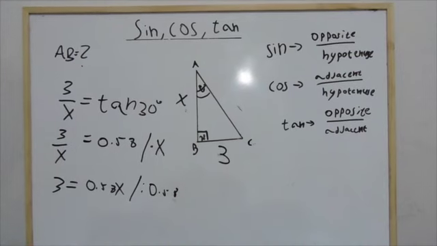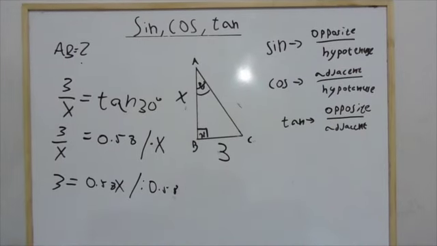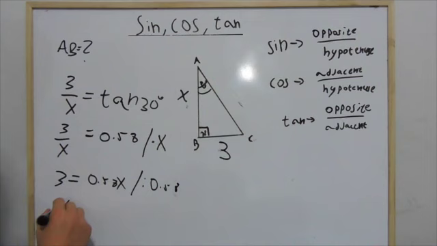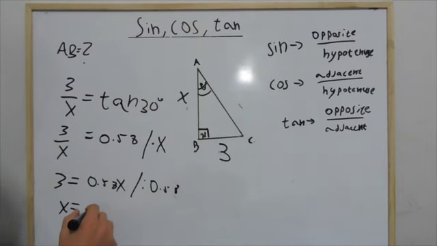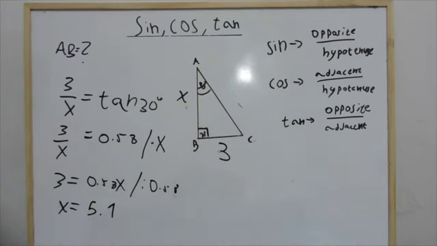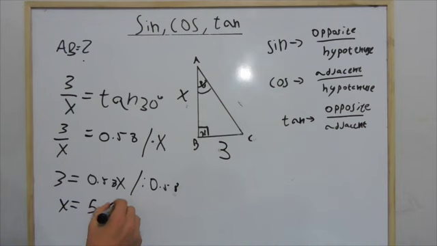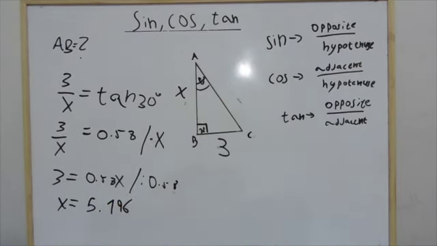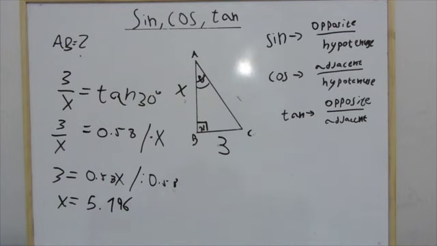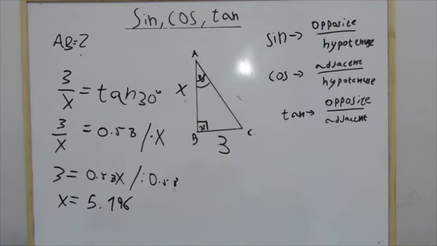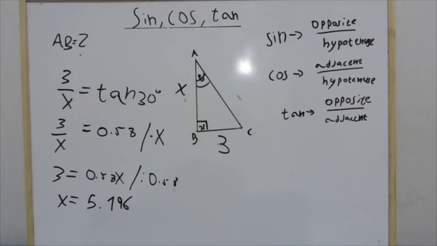We'll get that x equals 5.196. Okay, so that's how you find AB, basically. Hope you got that. The same thing goes for cosine and sine.